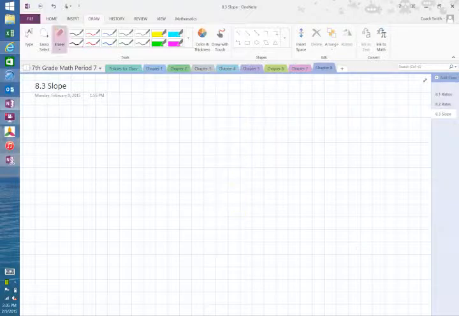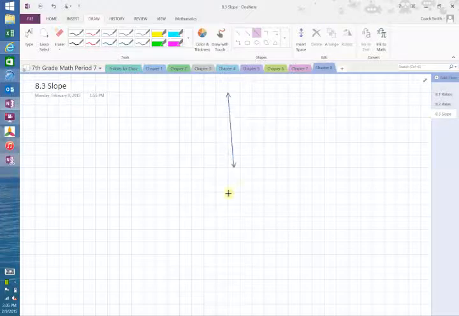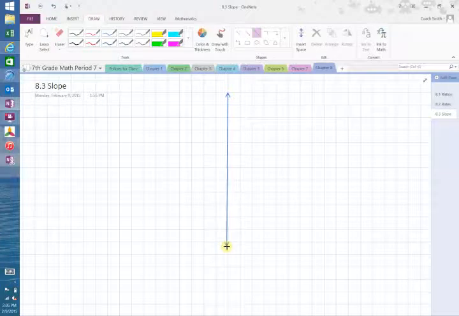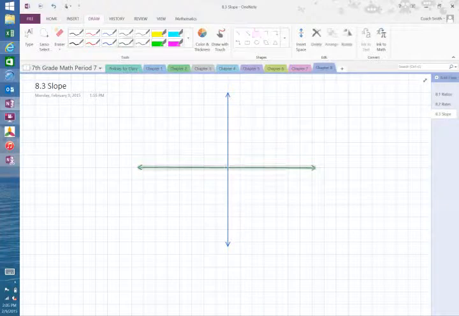Let me get an actual blue. You obviously do not need to draw this because I handed out the graph paper to you.